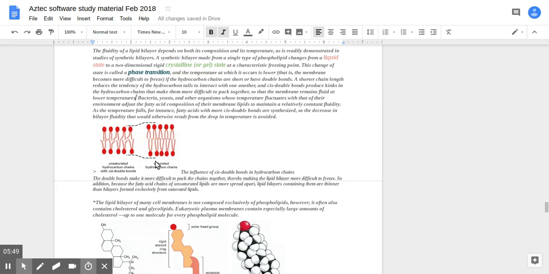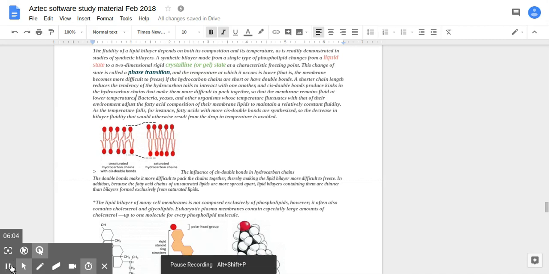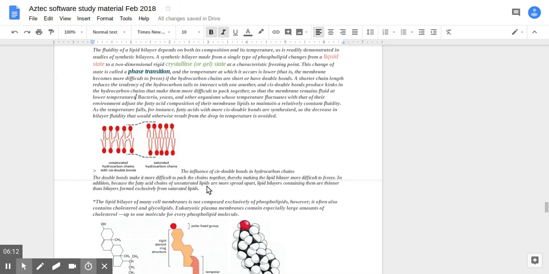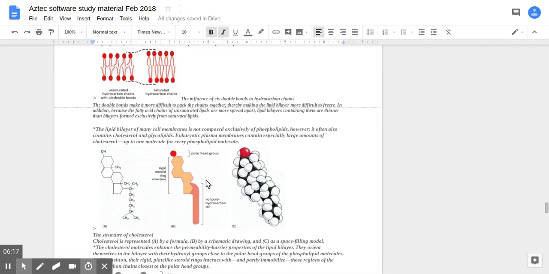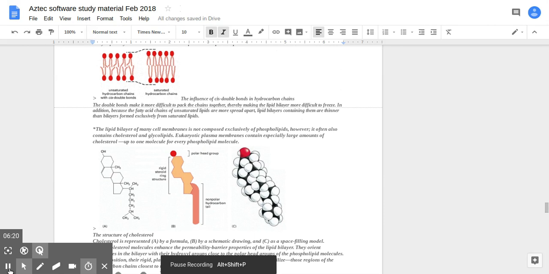The fatty acid chains of unsaturated lipids are more spread apart, therefore the lipid bilayers containing them are thinner and less solid than bilayers formed exclusively from saturated lipids, which tend to be more solid and bulky.